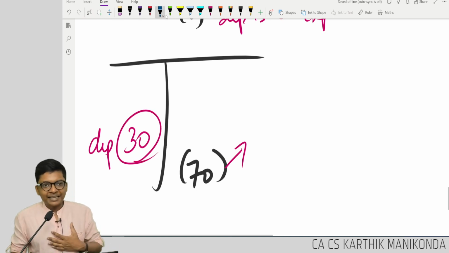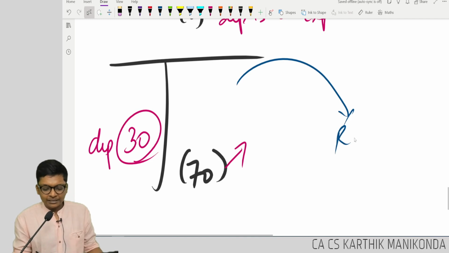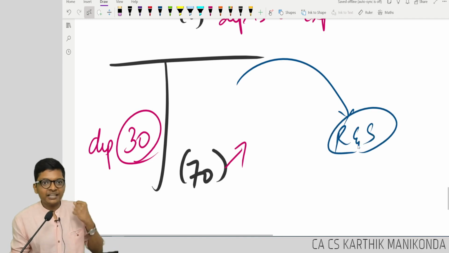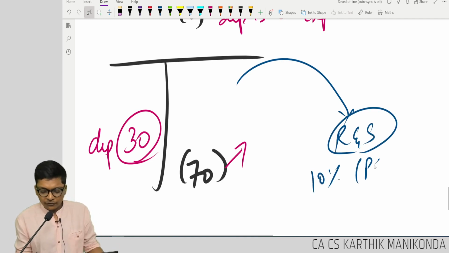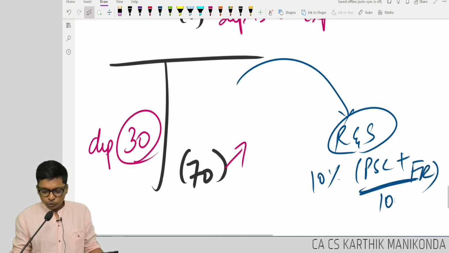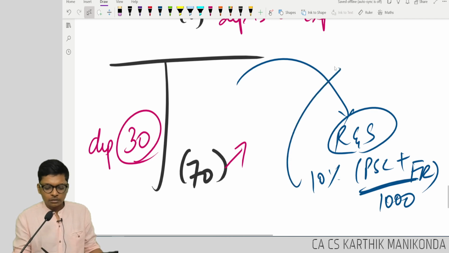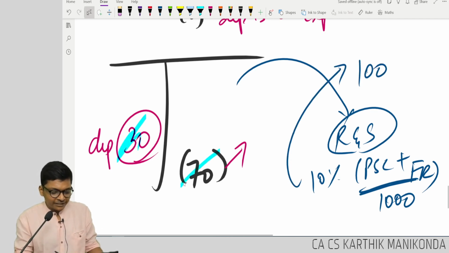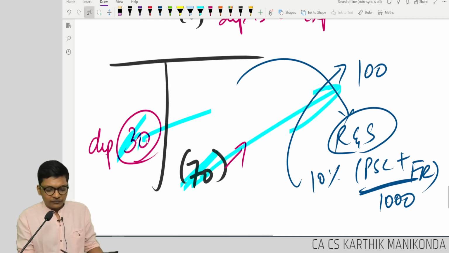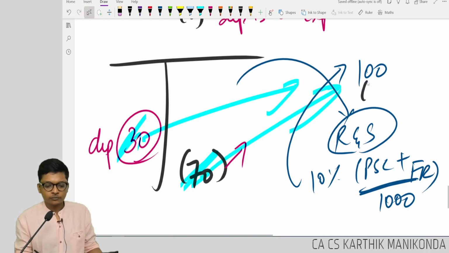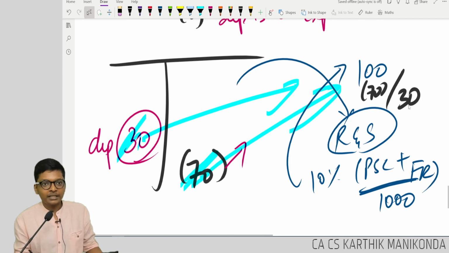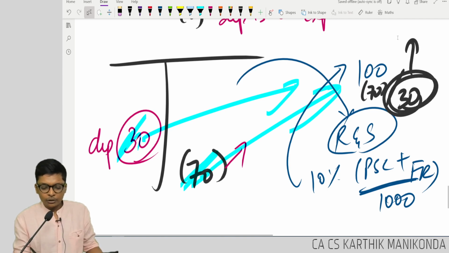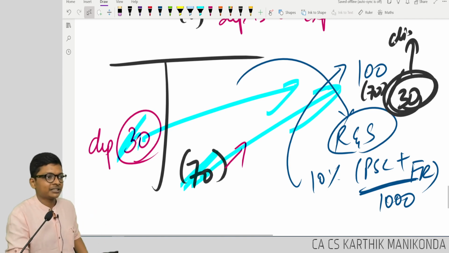Now I want to declare dividend, so I'm going to use my reserves, and how much can I withdraw? 10% of paid up share capital, and assume this comes to 1000. What is 10%? 100. You can use the 100 only after setting off these two. After setting off these two, you are left with 30. Only 30 can be used for declaring dividend. Are you following the numbers, guys?